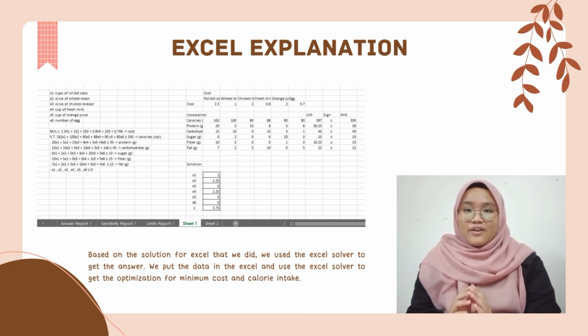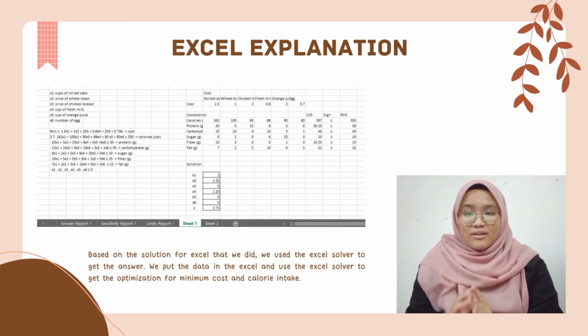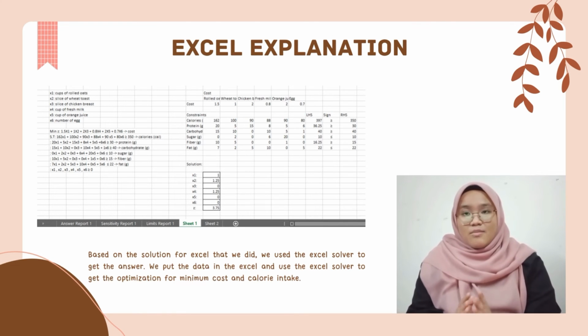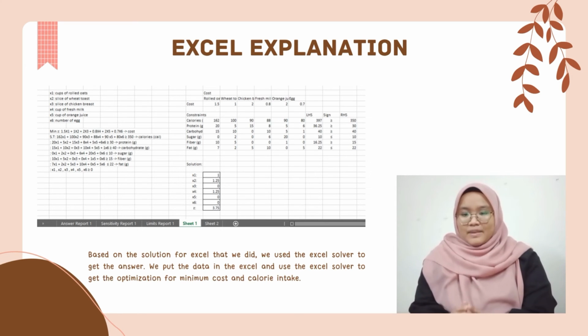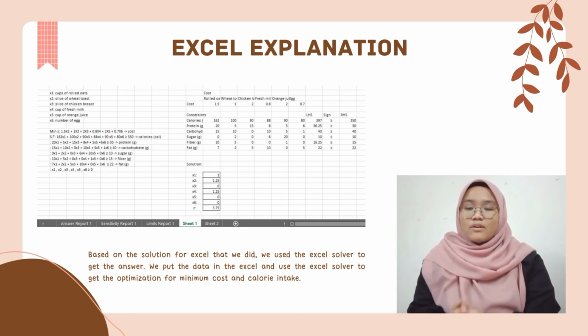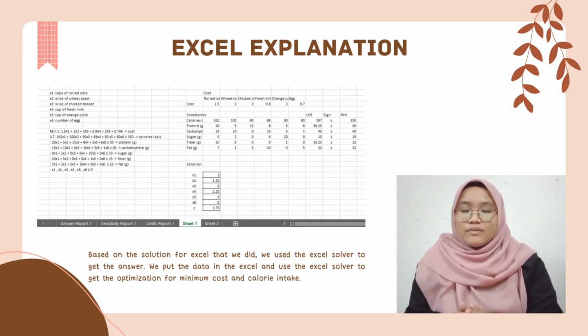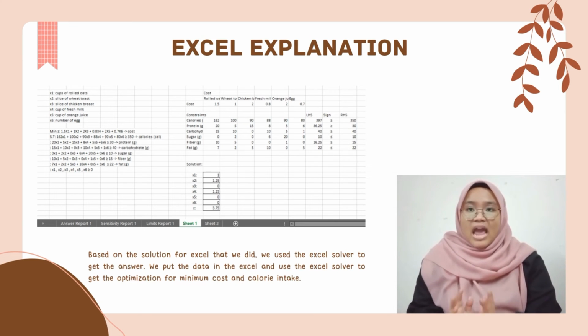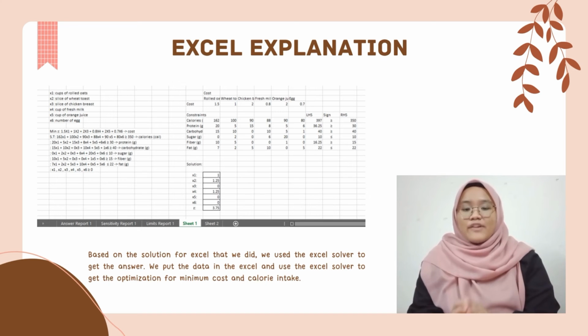Based on the solution from Excel that we had already done before, the minimum cost that Lionel can get for this breakfast menu is 3 ringgit and 75 cents, which consists of a cup of rolled oats, 1/4 slice of wheat toast, and 1/4 cup of fresh milk.